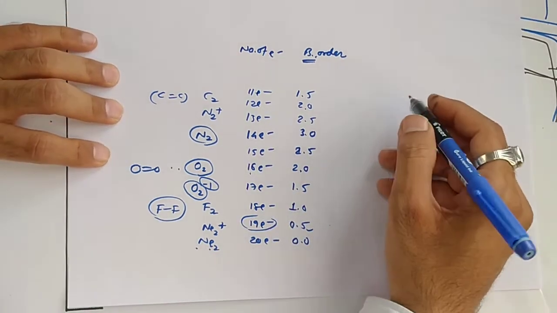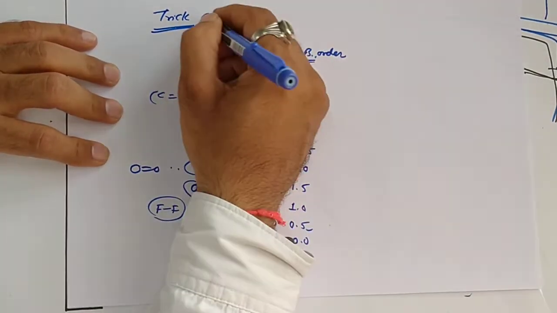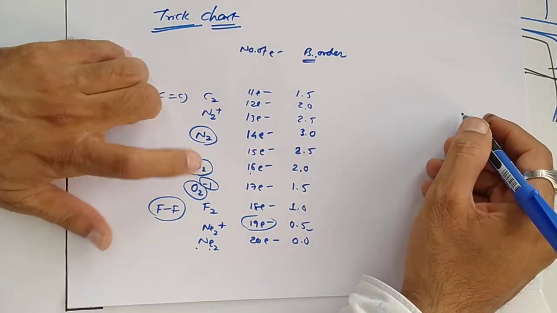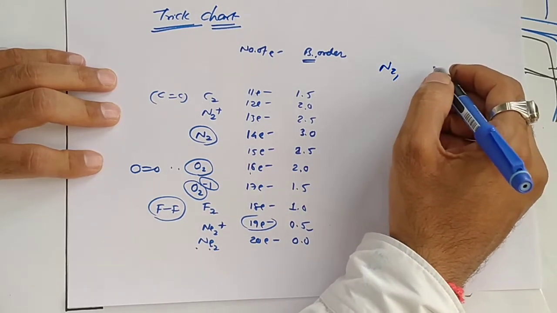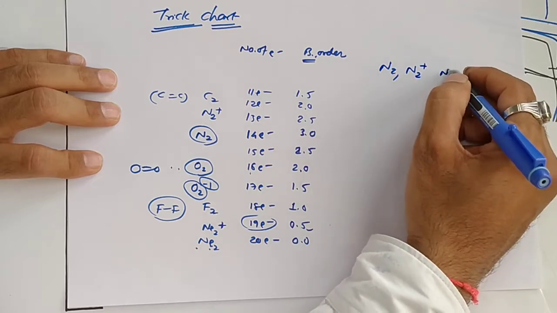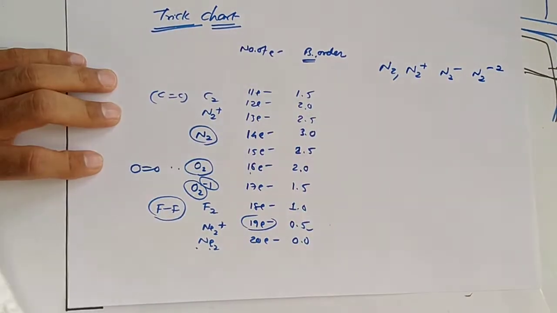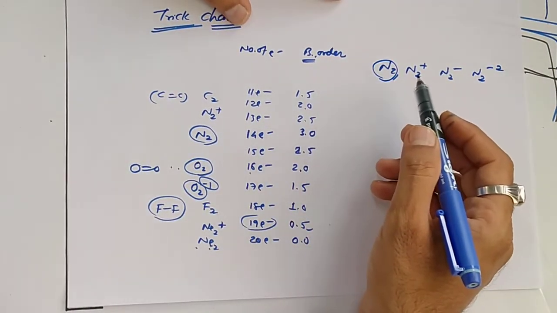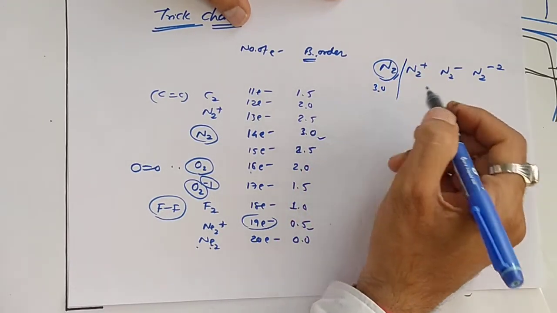Now with the help of this trick chart, we can get the bond order. Understood? In the exam, a question is asked like this: N2 plus, N2 minus and N2 minus 2, find out the bond order. Here 2 nitrogens, 7 plus 7, 14 electrons, so the bond order is 3, direct.